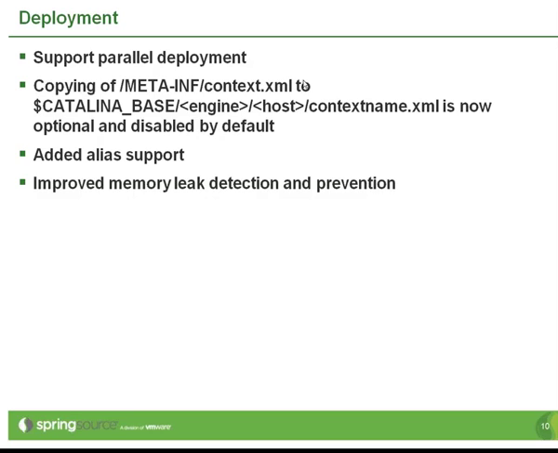It provides a way to do rolling upgrades so that existing users carry on using version 1, new users get to use version 2, and once all of the sessions have expired for version 1, then you can just undeploy that version of the application.